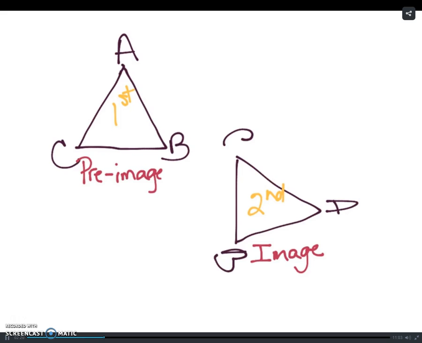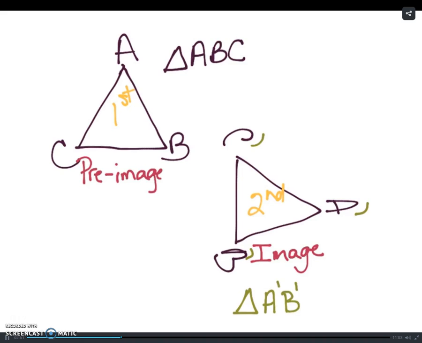Another way you're going to be able to tell the difference in which one came first and which one came second is going to be in the name. So if I were to name this first triangle, it would be triangle ABC. When I create my second shape, for the name of the second image, we actually add an apostrophe next to each of these, and that's called in math a prime symbol. So when we write out the name of our second shape or image, this would be A prime, B prime, C prime.